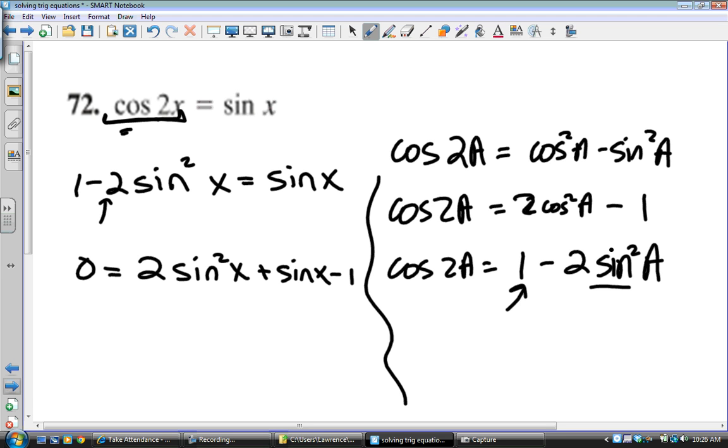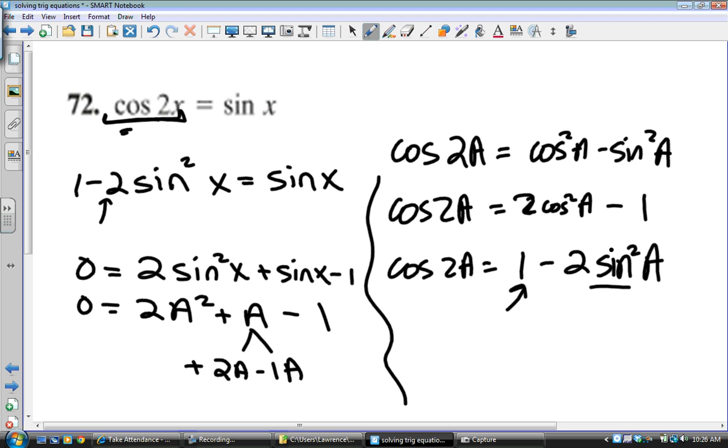Now I'm going to work it out, but I'm going to go kind of fast now, all right? So here we go. We get 0 equals 2a squared plus a minus 1. And you probably start figuring out, you get the same old quadratics over and over, don't you? So factors of 2 that subtract to be 1 would be 2 and 1. Signs are different, plus 2 minus 1.